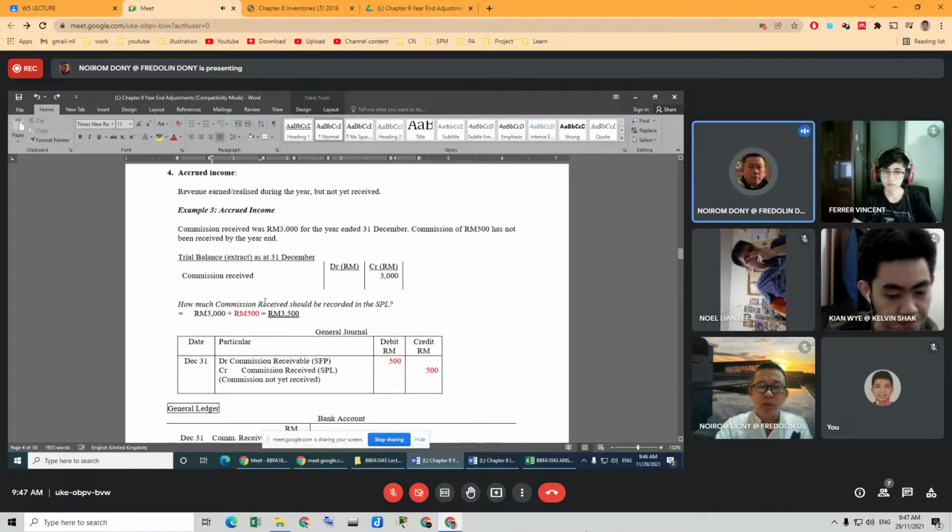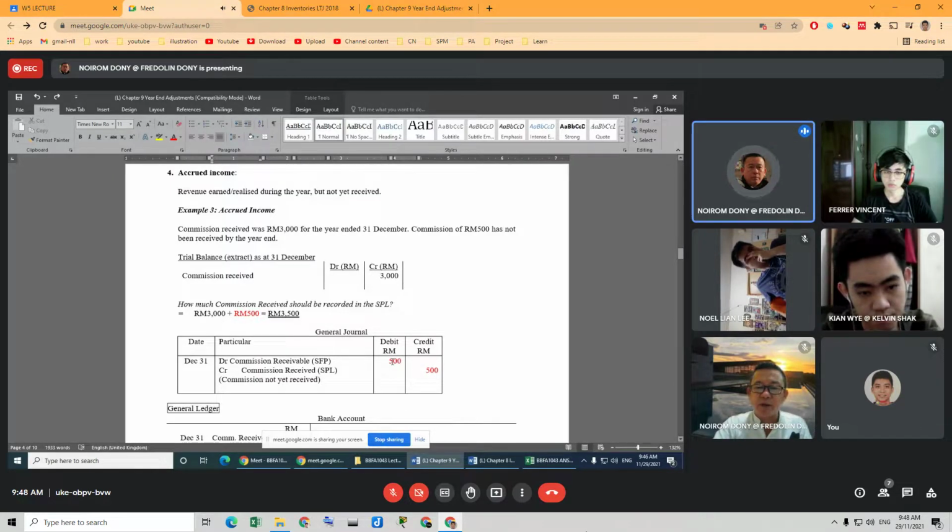So the adjustment is we have to increase a credit item. So increasing the credit item, meaning that giving us the indication commission received should be credited. So that's why commission received credited 500. So knowing this is credit, so the other entry, the corresponding entry should be debit.